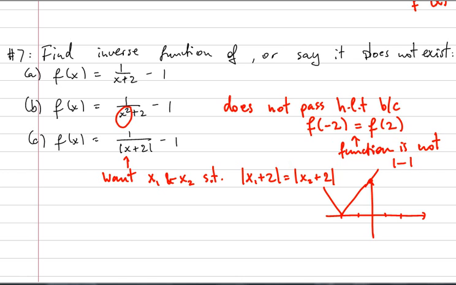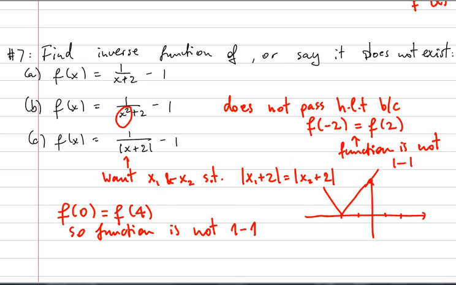And if I plug in -4, I also get 2. So f of 0 is equal to f of -4 for this function. So the function in part C is not 1 to 1. We have found two values of x that go to the same value when plugged in the function.